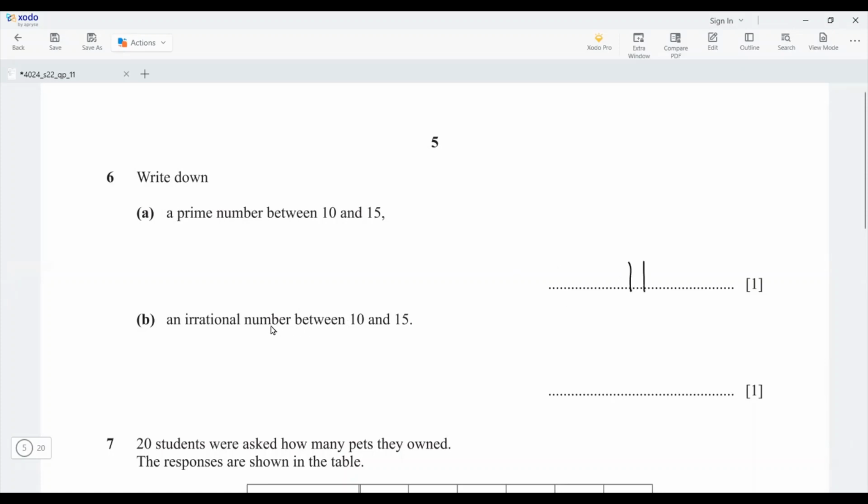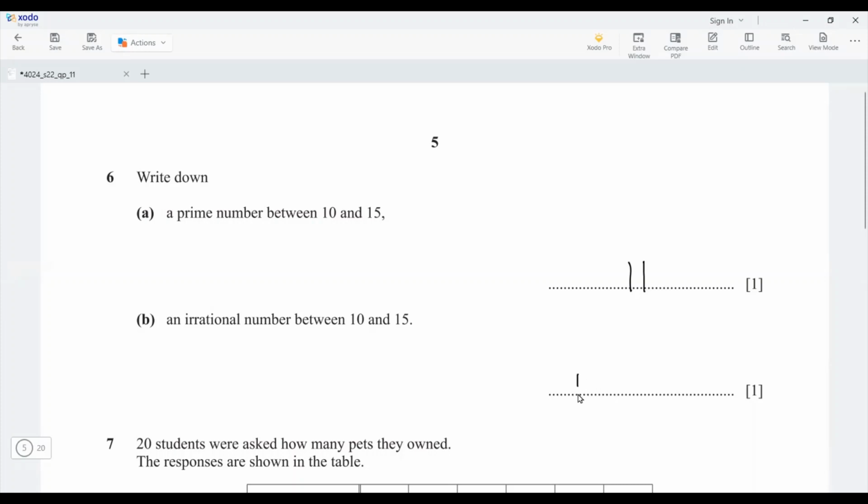So the next question is an irrational number between 10 and 15. An irrational number is basically a non-terminating plus non-recurring number. So we can write down any number that is between 10 and 15, and it is never ending and it is not recurring as well.